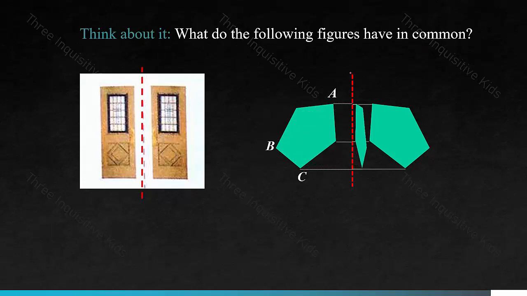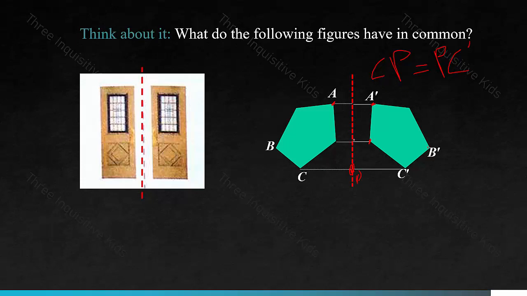When you fold this image across this line, you get a symmetrical figure. And this point is point A. This point is A prime. Let's say that this point is point P. CP is equal to PC prime.